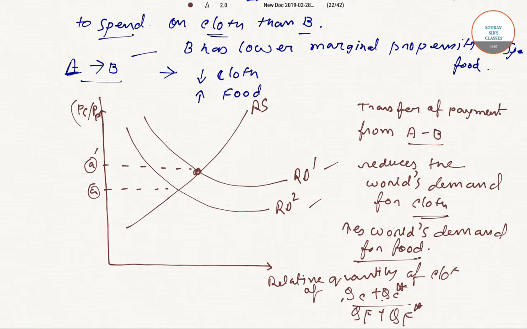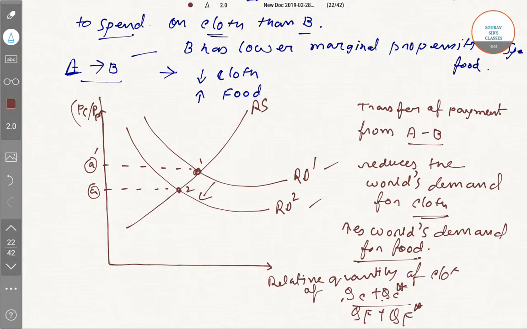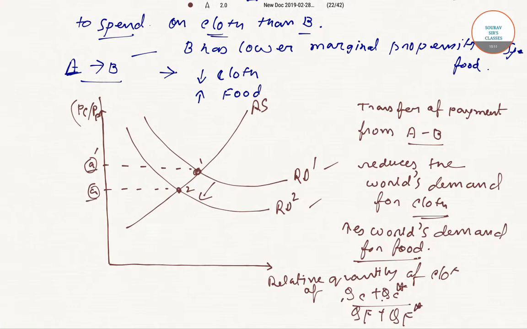Now here what happens is that the RD curve shifts leftward to RD2, as you can see. The world trading equilibrium shifts from point 1 to 2, and the shift lowers the relative price of cloth from A dash to A, worsening A's terms of trade, while improving B's terms of trade because it exports cloth.